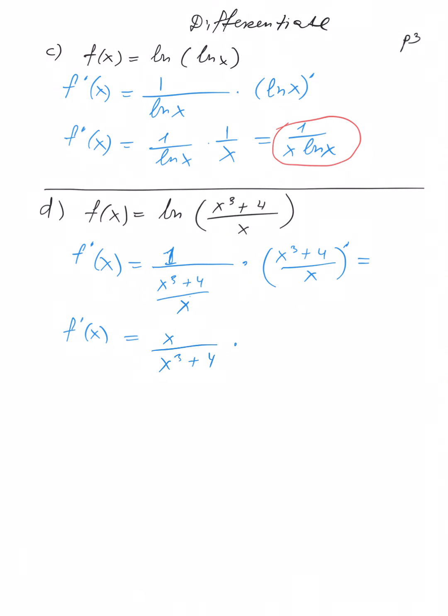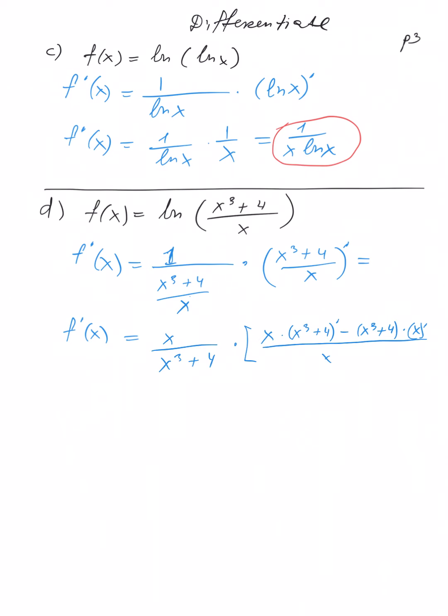So I'm going to put a bracket here: x times x cubed plus 4 prime, minus x cubed plus 4 times x prime. That's our numerator.